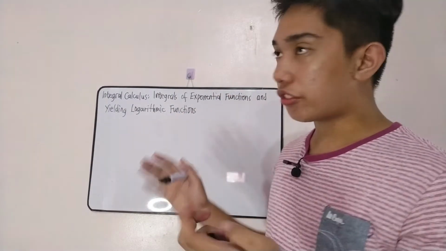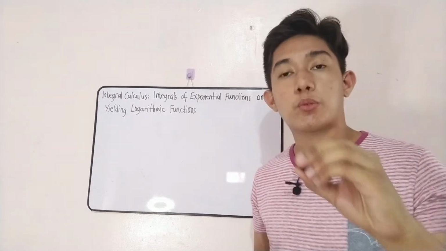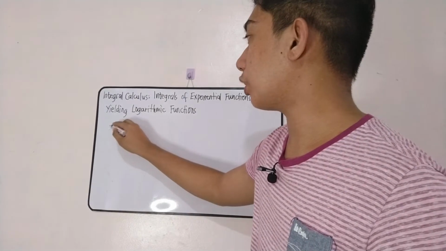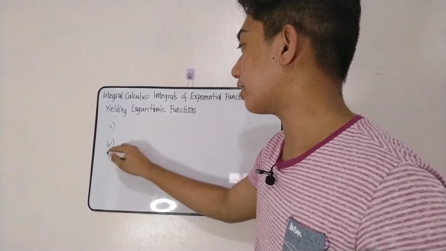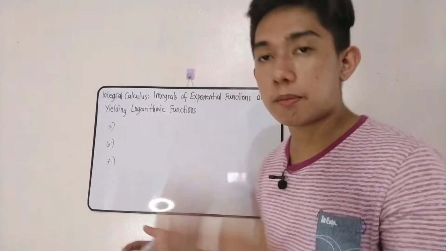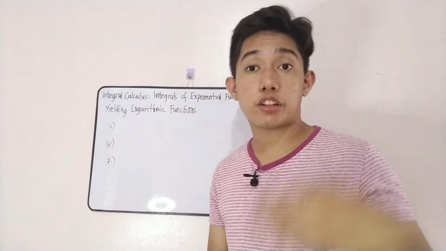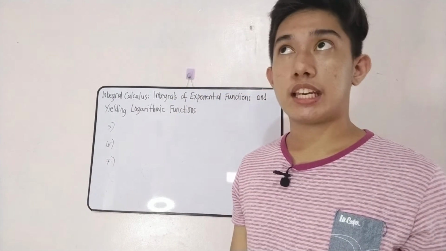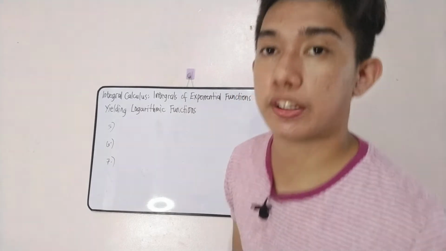So to continue the counting for the basic rules of integration, we stopped at 4. So we will just include 5, 6, and 7. Still the same assumptions: let u be another function of x and v be another function of x. Okay?